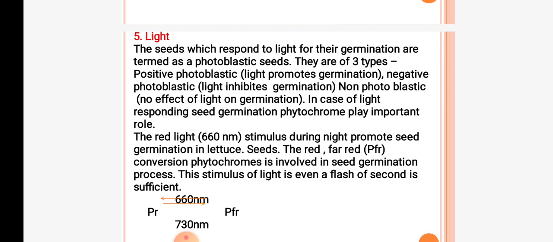Then PR and PFR are interconvertible. It shows particular action at particular wavelengths, for example, 660 nm and 730 nm. These are the wavelengths. So there is a light effect on germination of seeds.